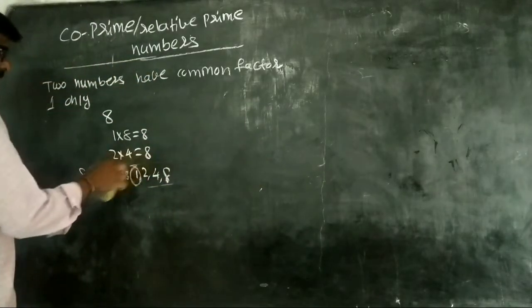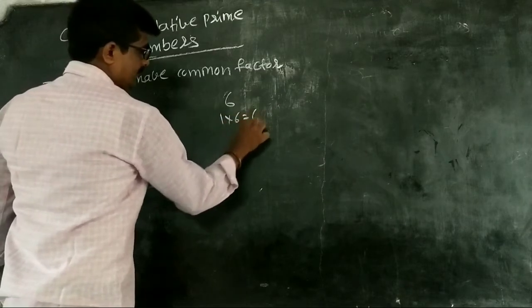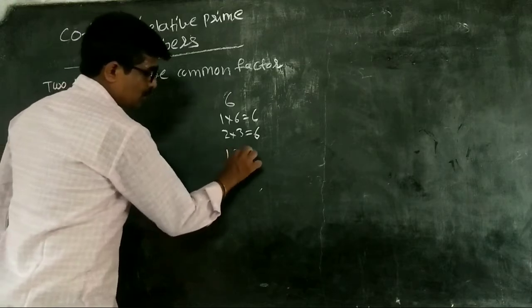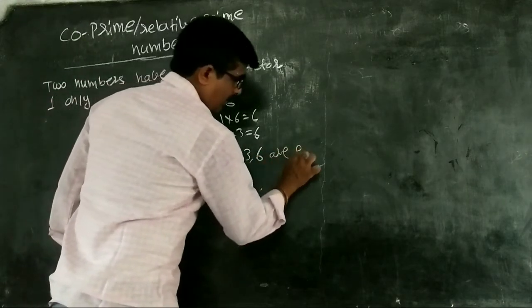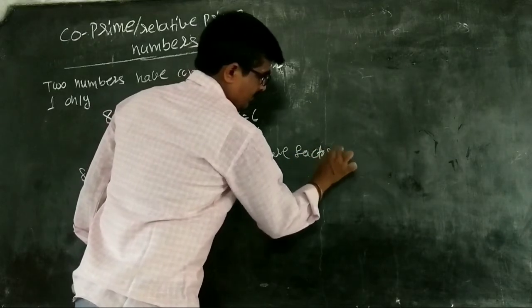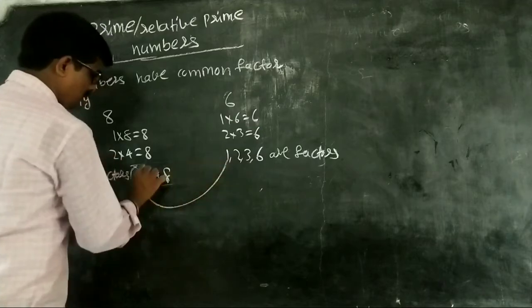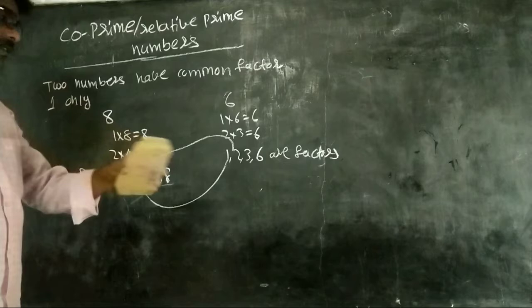If I take another example, I will take 6. 1 times 6 is 6, 2 times 3 is 6. The factors are 1, 2, 3, 6. Therefore, which are common with 8? 1 is common, 2 is common. So there are 2 common factors.